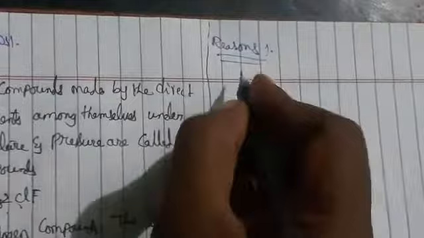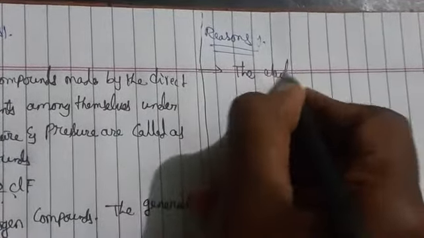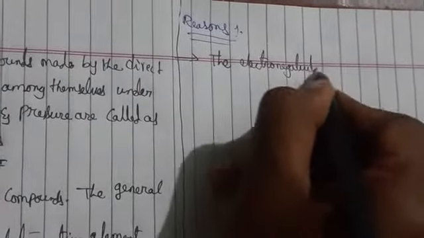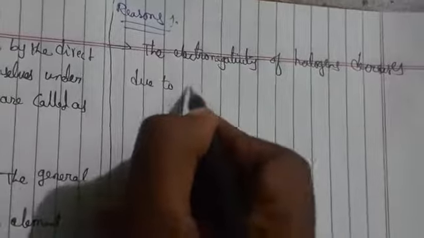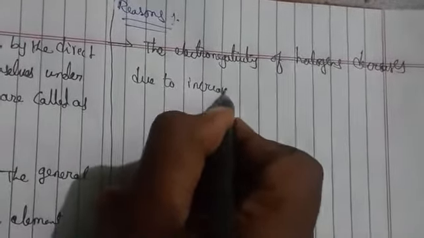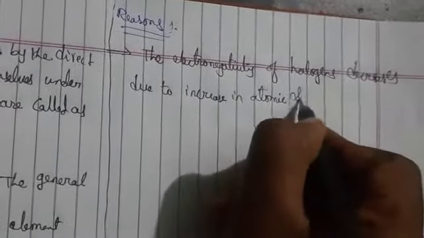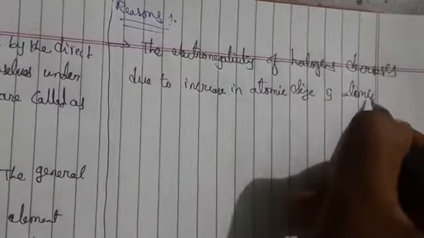So this is the first reason: the electronegativity of halogens decreases due to increase in atomic size and atomic number.